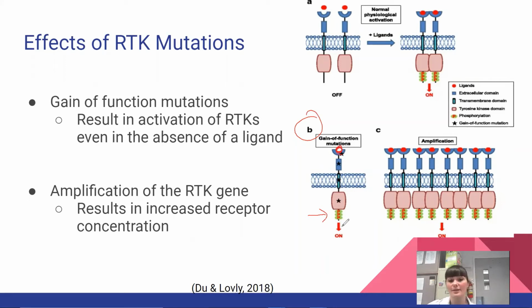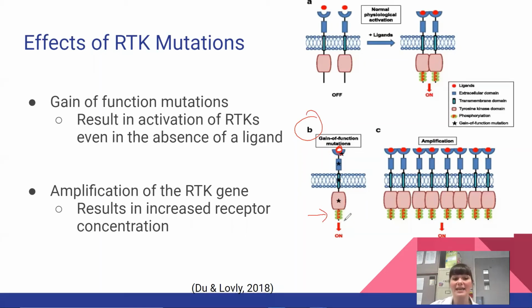So if a mutation like this occurs, this RTK is active and stimulating that transduction pathway when it should not be, which downstream could result in the overexpression of a particular gene or several other things.